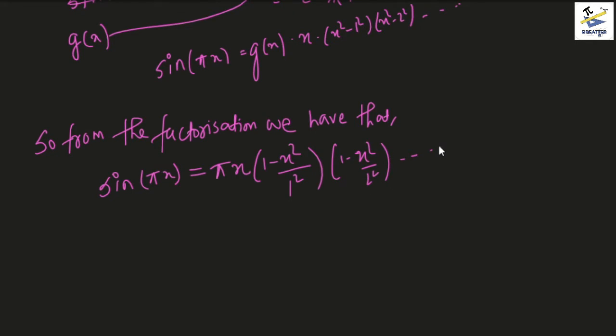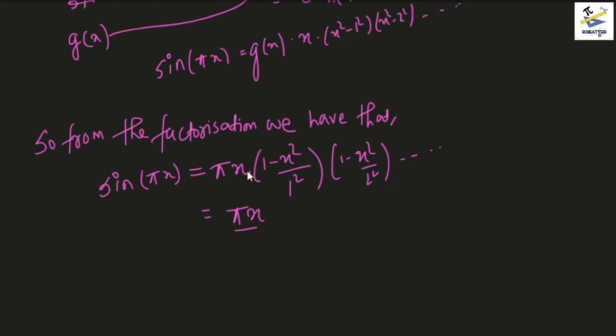So the coefficients here are something like this. Obviously the ones will multiply out to give you a pi x when you expand this whole product. So pi x is one of the terms of the expansion of this product, right?